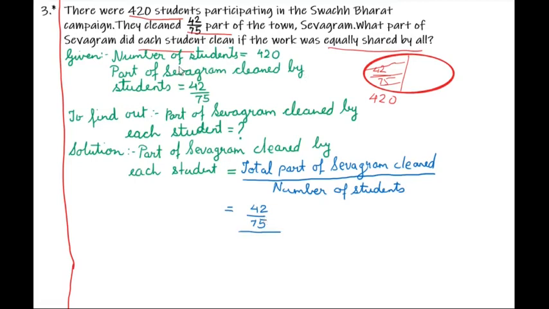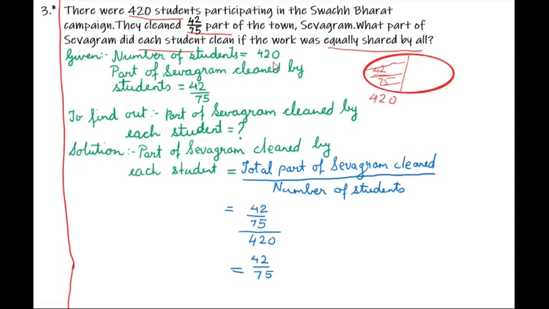You can see here, it is 420. So we will write here upon, or divided by, 420. So this same fraction we can write as 42 upon 75 divided by 420. Got it? How we are going to write this fraction?